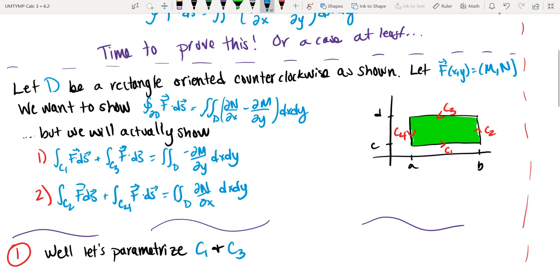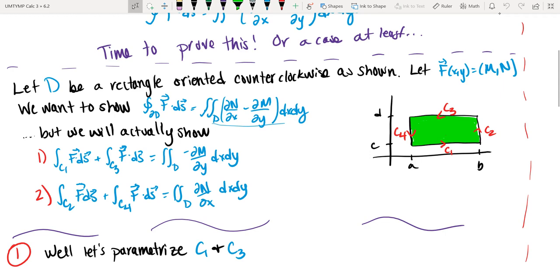Okay, and then when you add the two together, on the left hand side you get the entire boundary, and when you add the right side you get precisely what you want. So it's just breaking the statement up into pieces. Okay, so we're going to tackle one first and then go on from there.